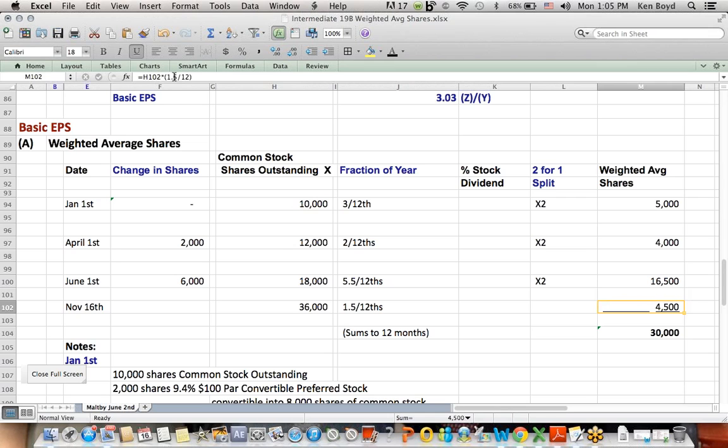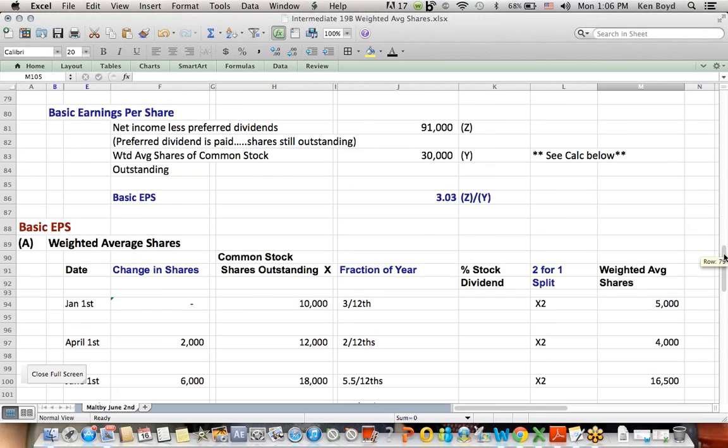Note that the 36,000 from November 16th to the end of the year is a month and a half. We do not have to multiply that by the split because we already took the split into account for those shares. If you sum them all up, you get weighted average shares outstanding for the year of 30,000. That becomes our denominator when we calculate earnings per share.